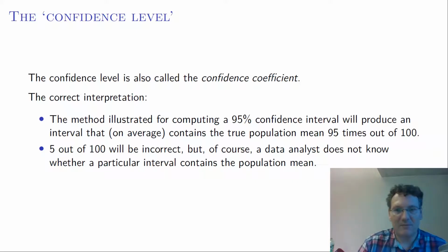So the confidence interval, the confidence level, sometimes called the confidence coefficient, this 95%. The idea is to say that if we were to run the confidence interval with 100 different samples of the same size, we would expect 95% of them to capture the parameter within the bounds of the interval, right?